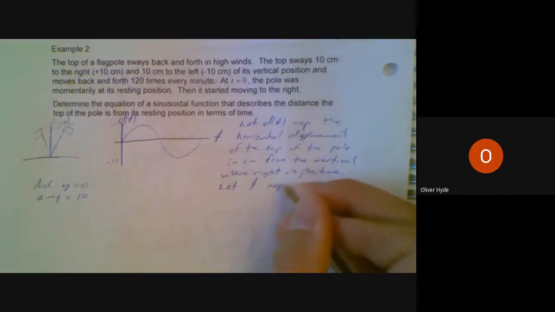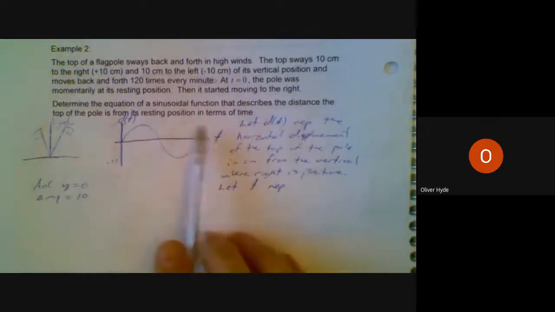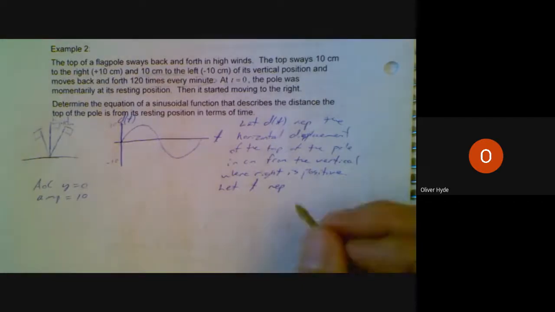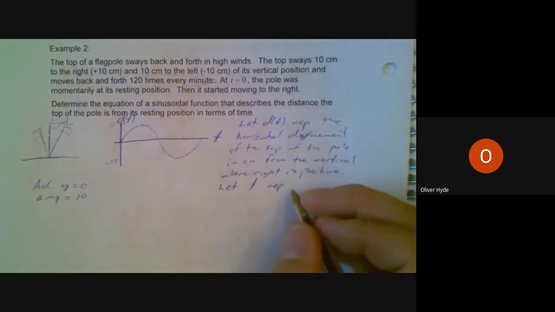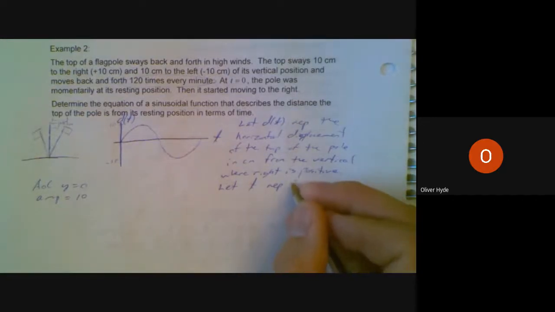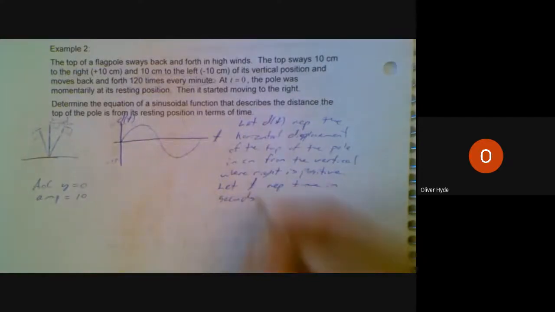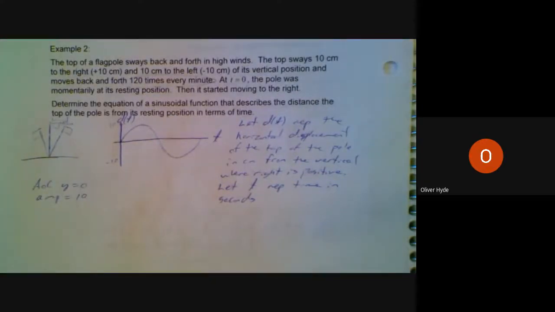Let t represent, it didn't tell me which units to use. I think we should convert it to time in seconds. Now we do have a reference here. I don't think saying since observation began is the most appropriate let statement.